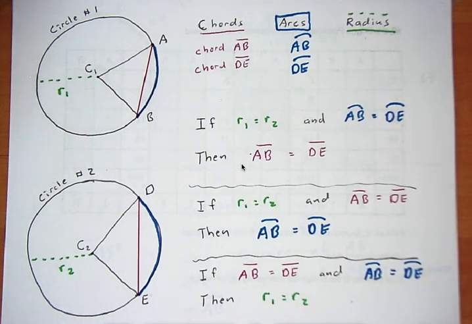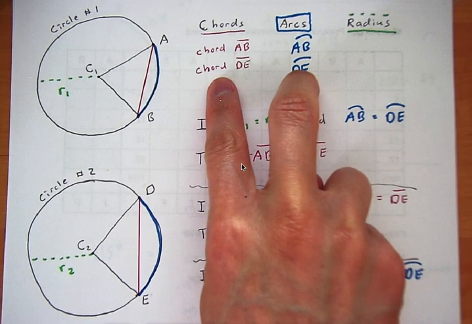So this is just a theorem that basically relates chords, arcs, and radiuses. If you know that any two of them are equal, you can prove that the third one is also equal.